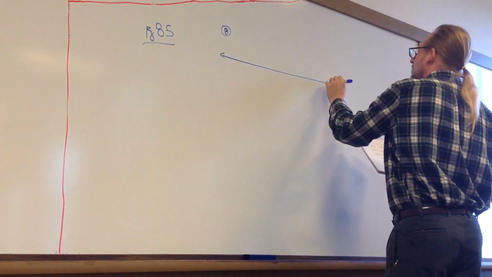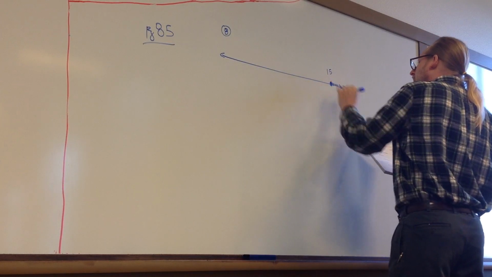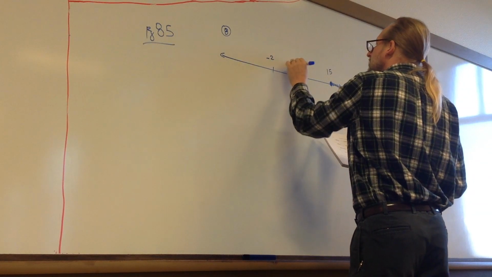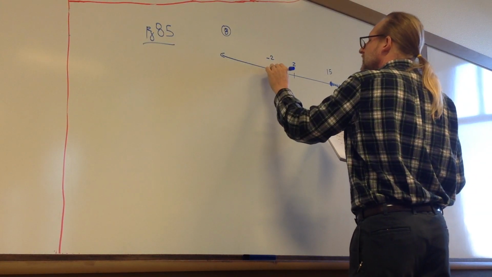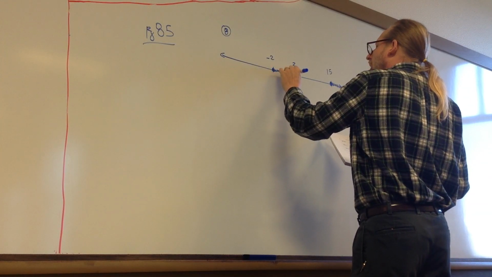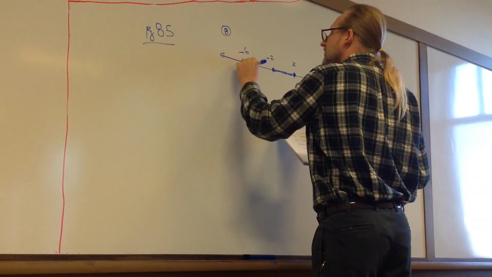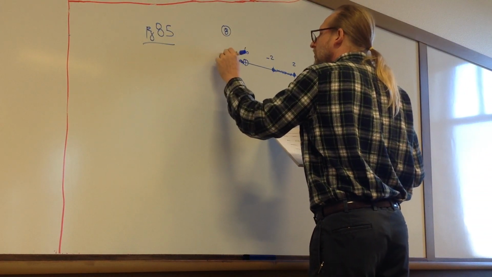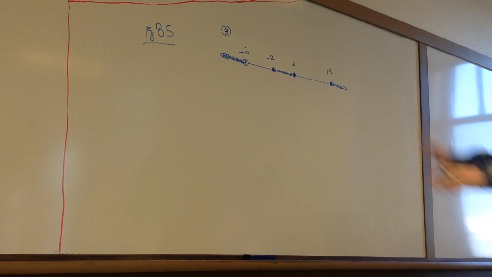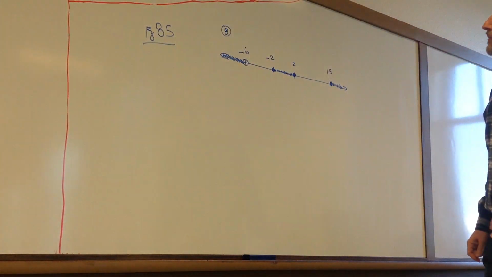In this one, we've got a 15 out here, and then in here between -2 and +2, and those are both included there. And then the last one is out here at -6 with an open circle going out to -infinity. So in this one we have 1, 2, 3 separate intervals. We'll need 3 separate statements to represent them.